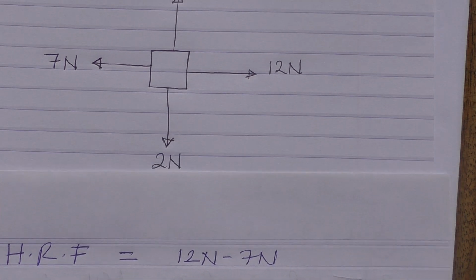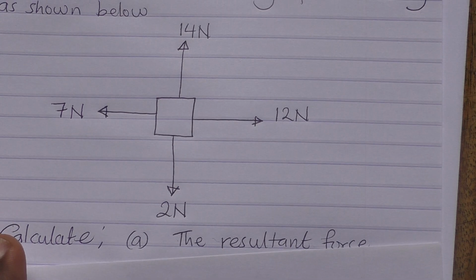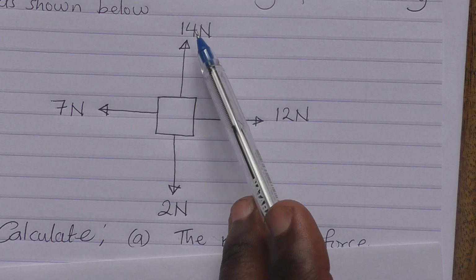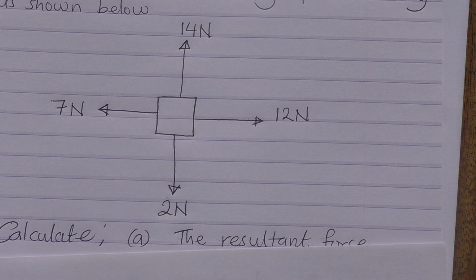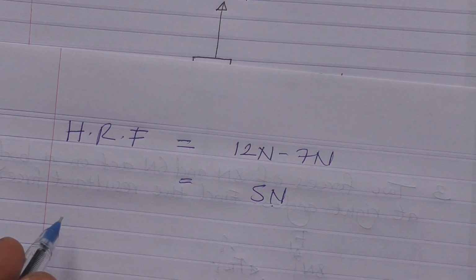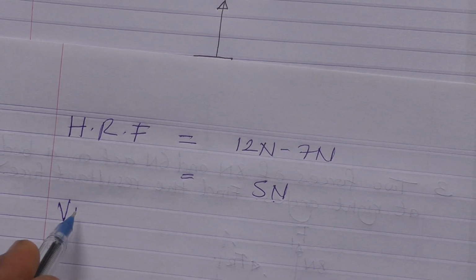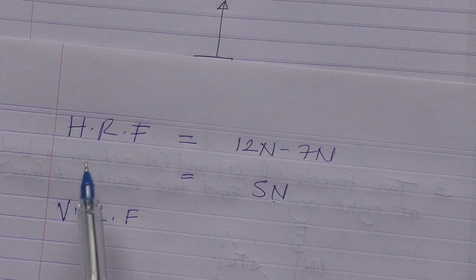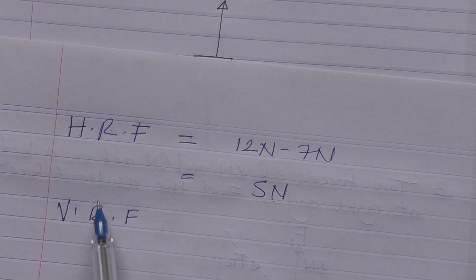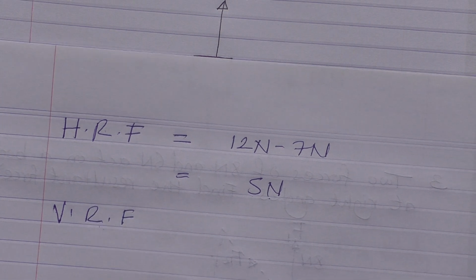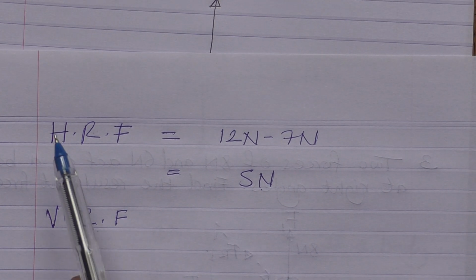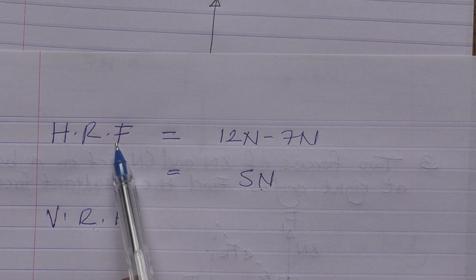Then similarly, we shall get the resultant vertical, whereby we are now considering 14 newtons, take away the 2 newtons. So that gives us the vertical resultant force. Please don't write abbreviations, that is not allowed. I'm just using it because it is a lesson, but as you are answering your assignments and exams, we don't know this.